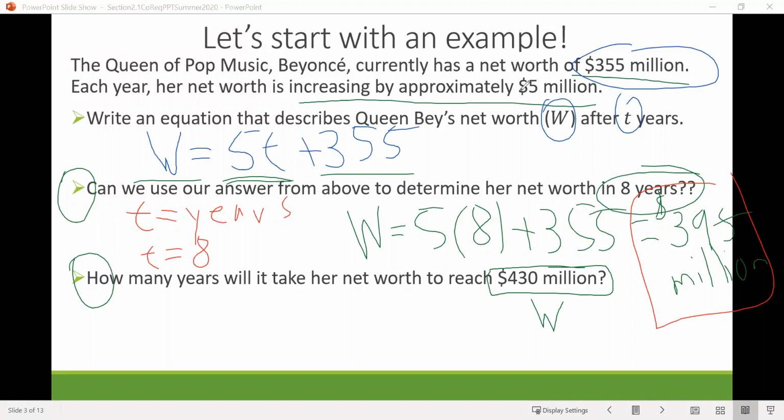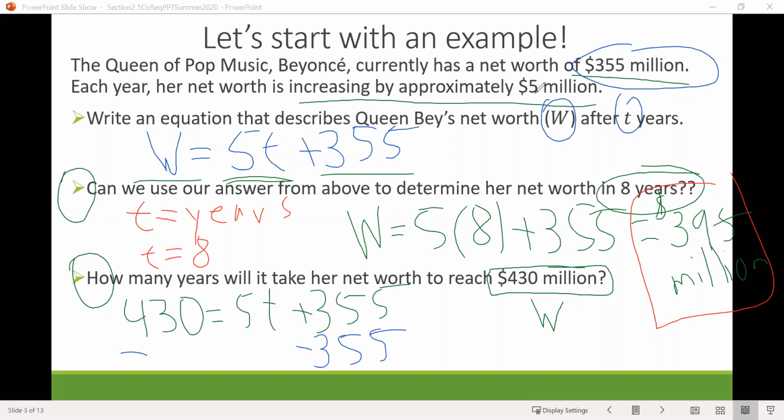So we can take that now and plug it into our equation, but this time that will go in the place of W. So we'll have 430 equals 5T plus 355. We can solve for T there. Okay, so we could subtract 355 from both sides.